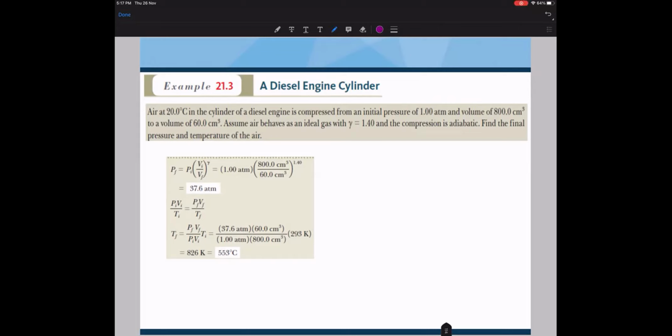Because it is an adiabatic compression, we are asked to find out the final pressure and temperature.